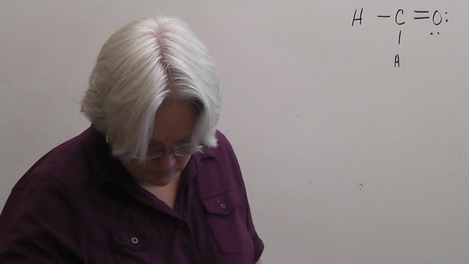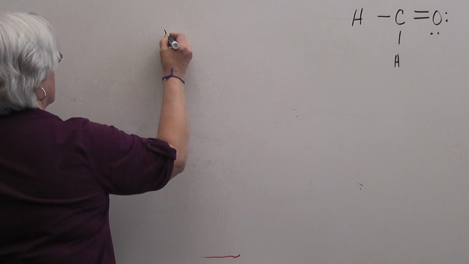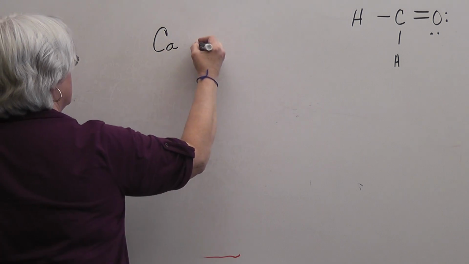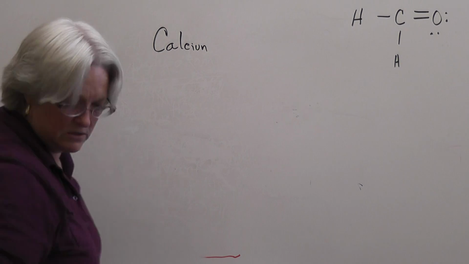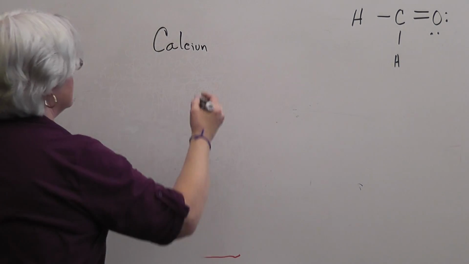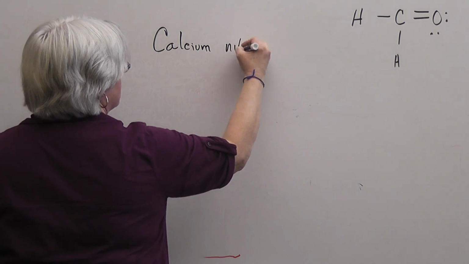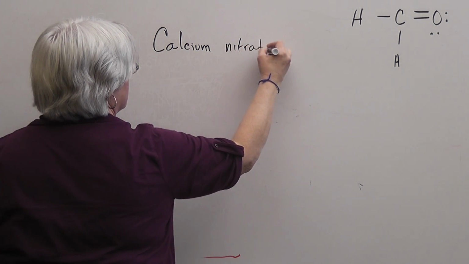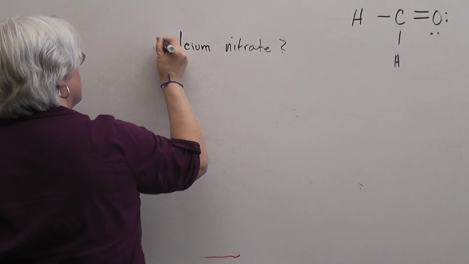What is the chemical formula, example 9.1, for calcium nitrate? Okay, so calcium, did it say nitrate or nitrite? Nitrate. Calcium nitrate. And that's actually a small c.